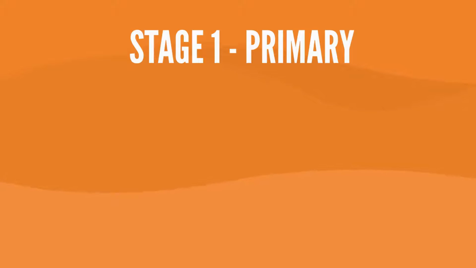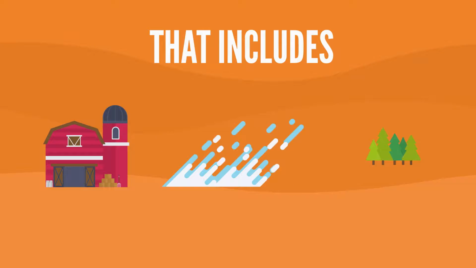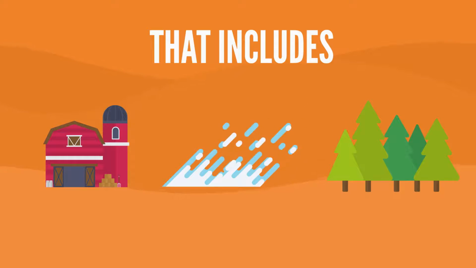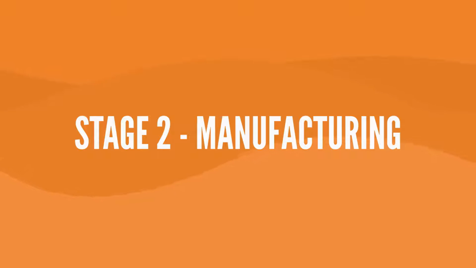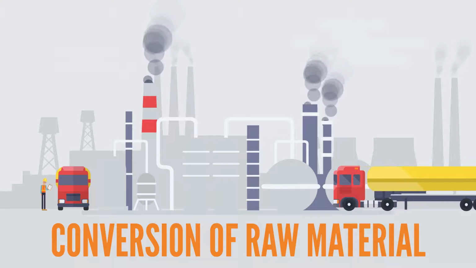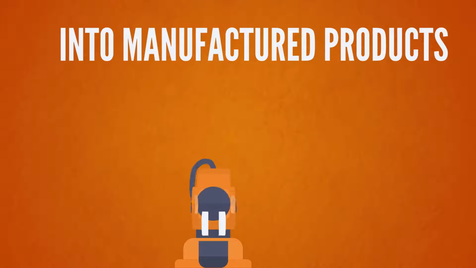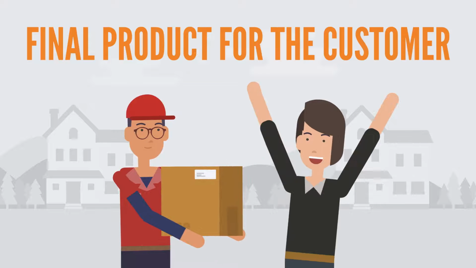Primary, which is related to most of the things that come from the earth, which includes farming, natural resources, forest. Second stage is secondary or manufacturing, where someone works on these raw materials and resources and converts them into some manufactured product or processed good.